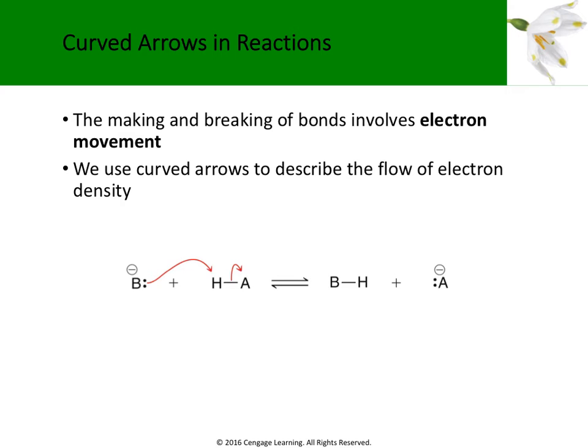And we illustrate that by drawing a double-headed arrow originating at the lone pair and ending at the hydrogen atom. And then the hydrogen's going to leave, but it's not taking any electrons with it. So it's going to leave behind both electrons in the bond it had to the remaining part of the molecule. So the two electrons in that bond are going to stay behind as a lone pair on the rest of the molecule.